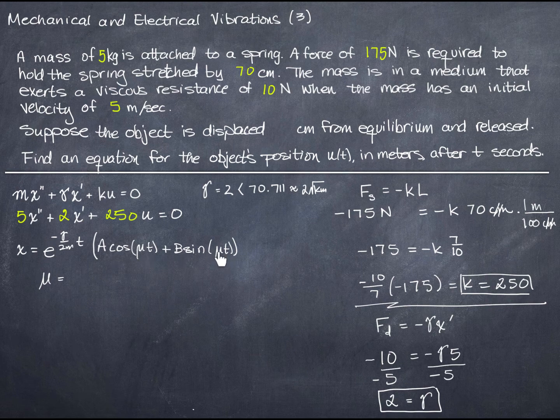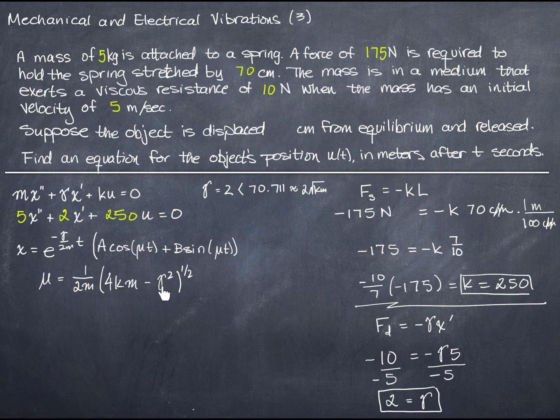It's shorter to write mu each time instead of writing out what mu equals in both cases. And what mu equals is 1 over 2m times 4km minus gamma squared, all to the power of 1/2, or the square root of 4km minus gamma squared.